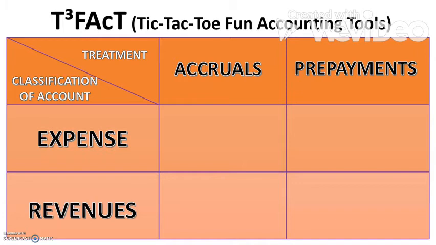Next, I will explain the application of this diagram. For example, if the transaction relates to accrued expenses, the students know that this item will be transferred to the statement of financial position under the current liability section.